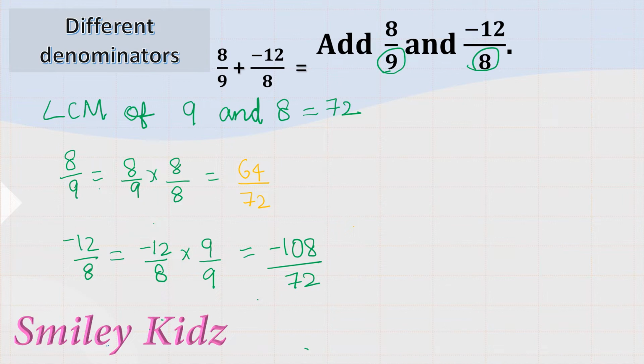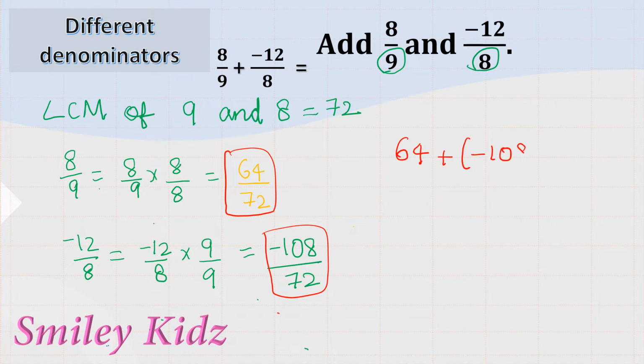Now we have got the equivalent rational numbers. So let's add the numerators since denominators are same. 64 plus minus 108 by 72, which will be equal to minus 44 by 72.